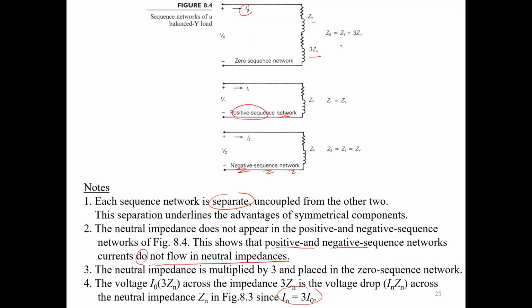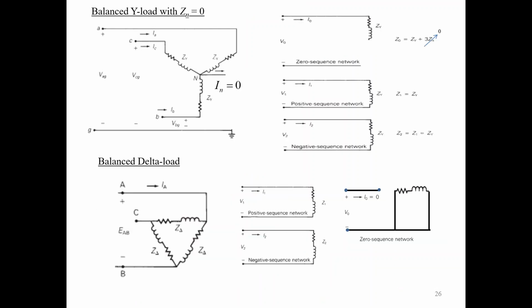That's why the voltage drop across the 3 times Zn is the voltage drop across In times Zn. Now, what happens if you have no neutral? You can see that if you have no neutral, meaning that your Zn is zero, if you don't have a neutral path, right?